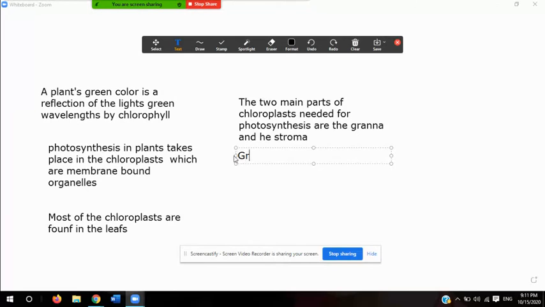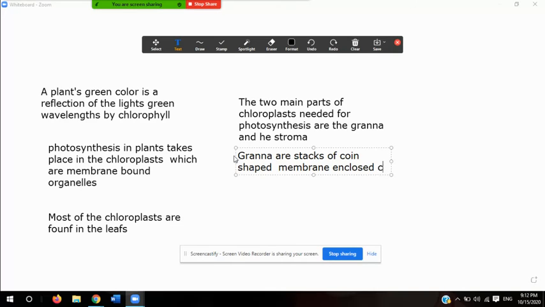So basically, the grana are stacks of coin-shaped, membrane-enclosed compartments called thylakoids.